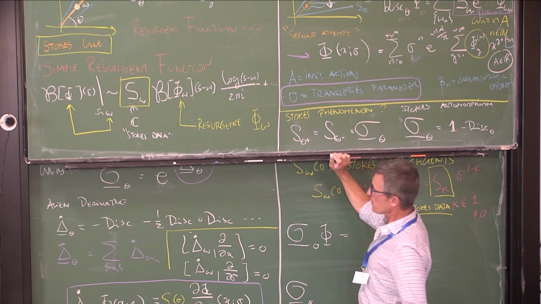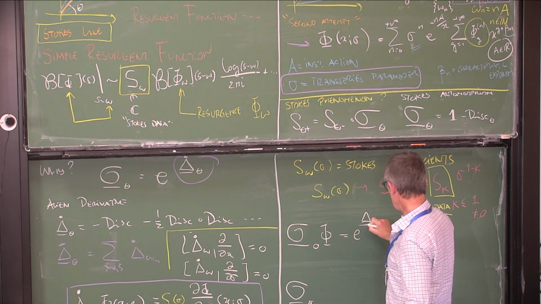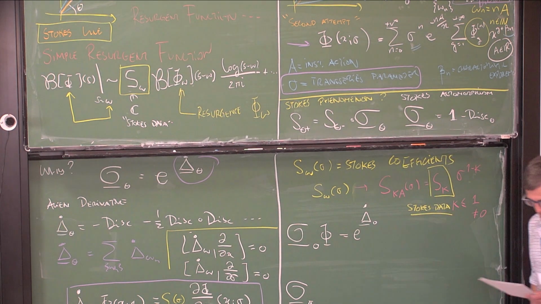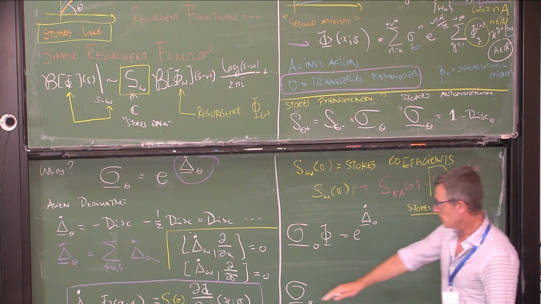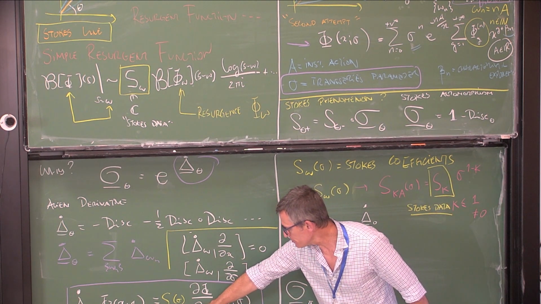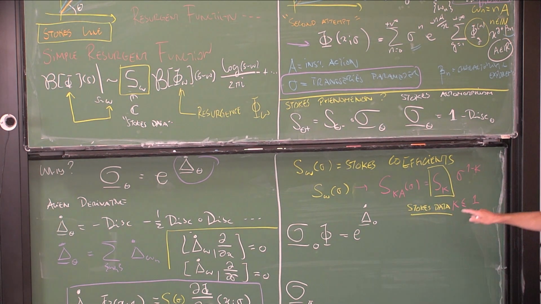Well, it's the exponential of the alien derivative. And the alien derivative is given by the bridge equation, where I'm looking at my direction 0, so I should only take the Stokes coefficient S1, the positive Stokes coefficient.